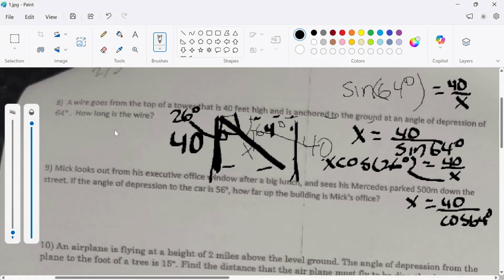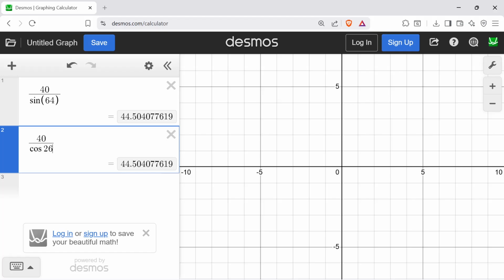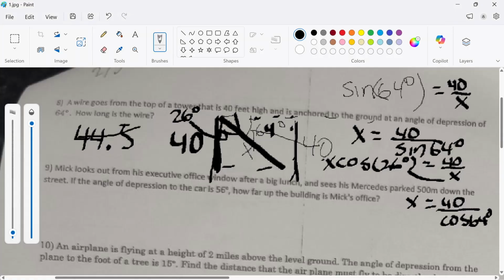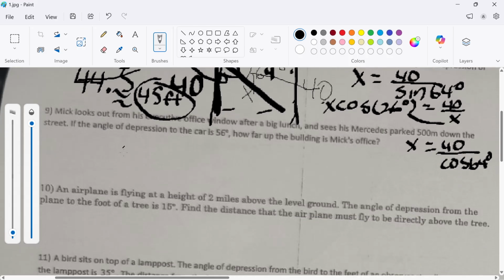It doesn't say what to round, and everything's in whole feet, so this is 44.504. It's a little bit bigger than 5, so I'm going to round it to the whole number. 45 feet, approximately, is the length of that wire.